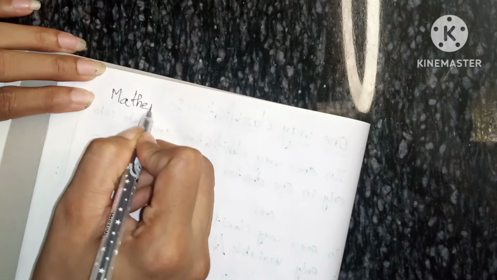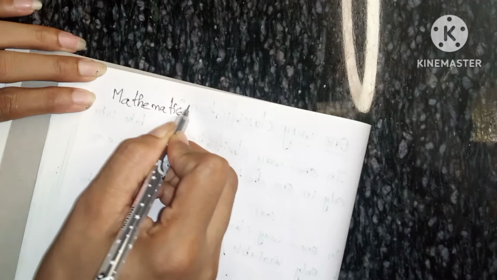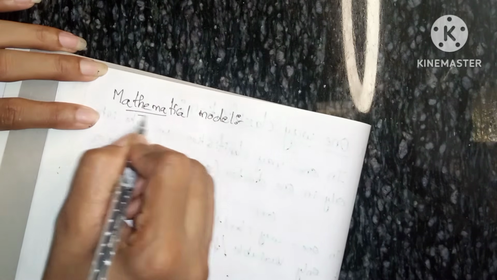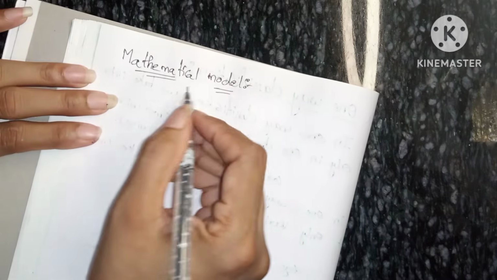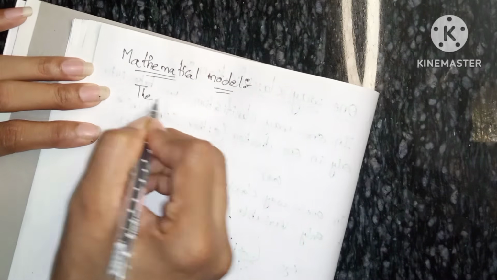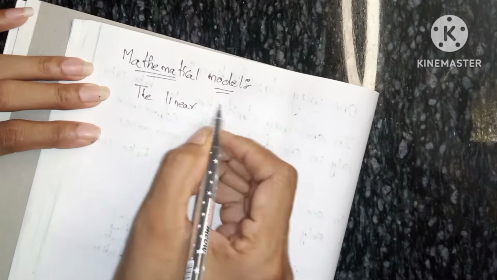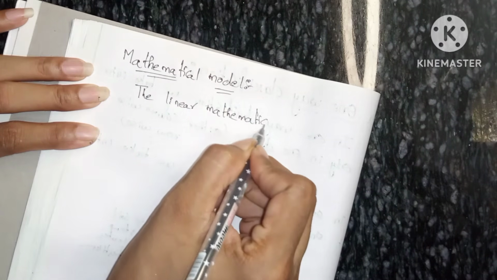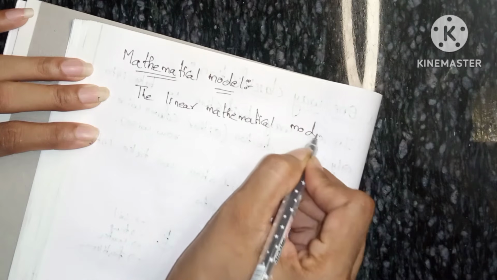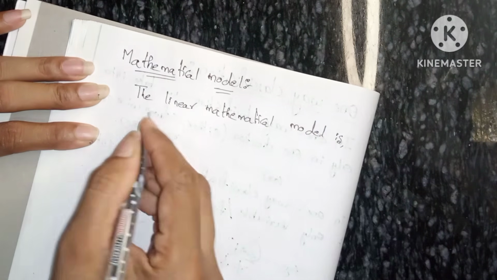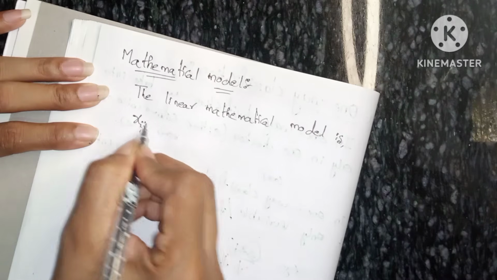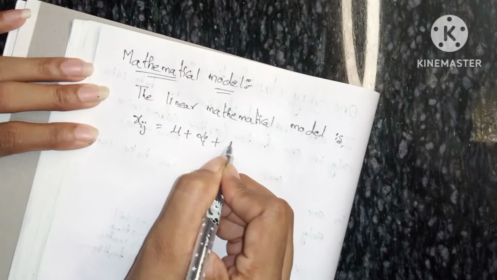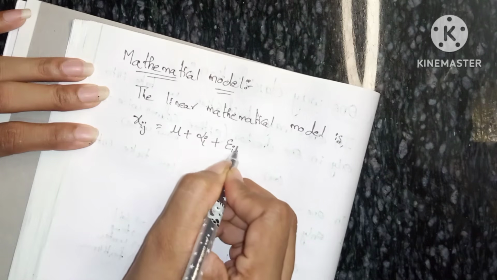So the mathematical model. The linear mathematical model is xij equals mu plus alpha i plus epsilon ij.